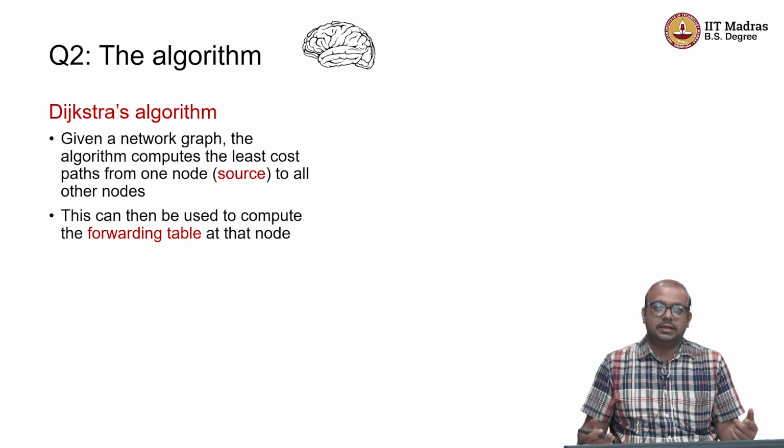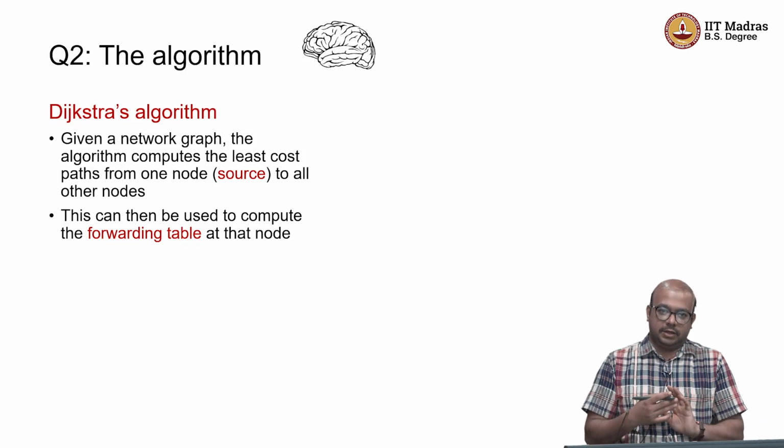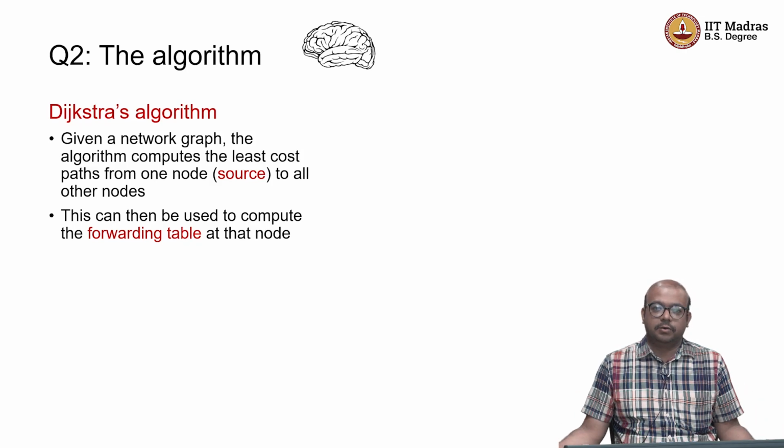I am repeating that. Suppose after running Dijkstra's algorithm, you see that you have a shortest path from source S to destination D, and you are an intermediate router I in the path.